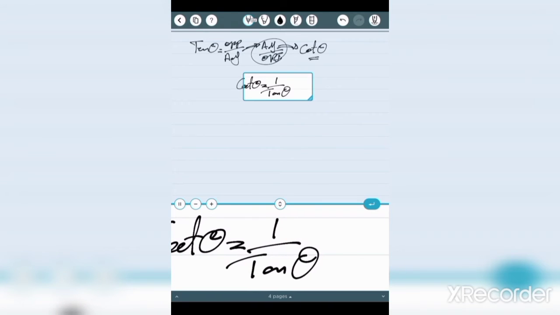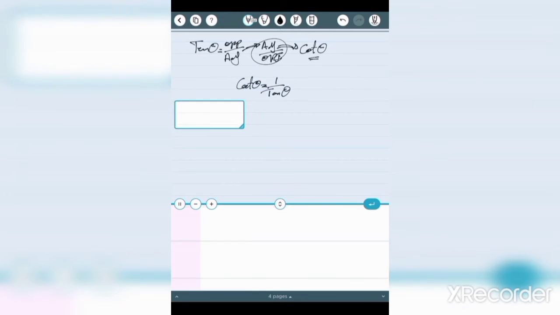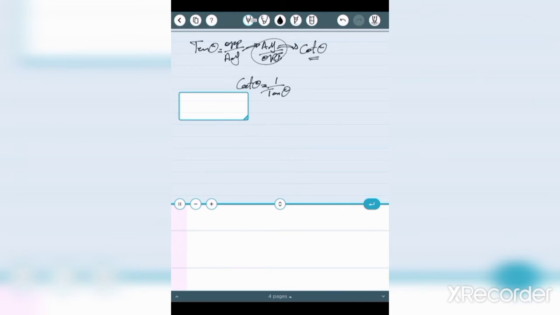Right. So now remember we mentioned something earlier on. We said the main focus in dealing with identities is replacing one function with another in order to solve an equation or even to prove an identity. But before we can go any further, I want us to look at this particular example.